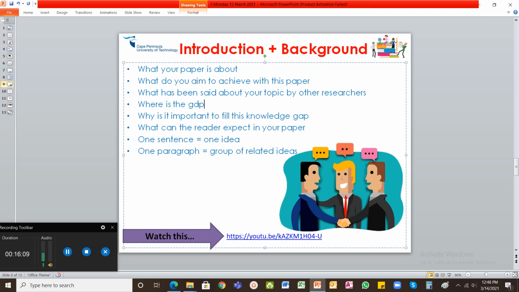So if we are looking at teenage pregnancy and everybody is talking about how it is irresponsible and they shouldn't, this and that, but nobody is talking about the final exams or the results from the final exams, and that teenagers that are pregnant don't come back. So that is the gap. Nobody's talking about it. Then why is it important to fill this gap? Why do we need your research?